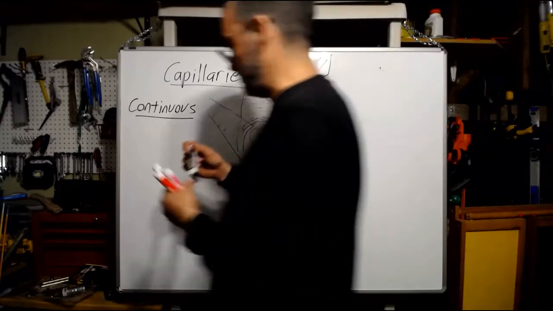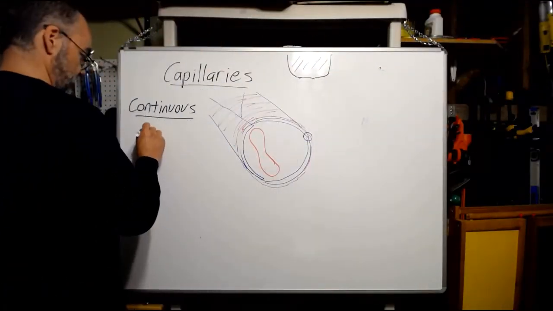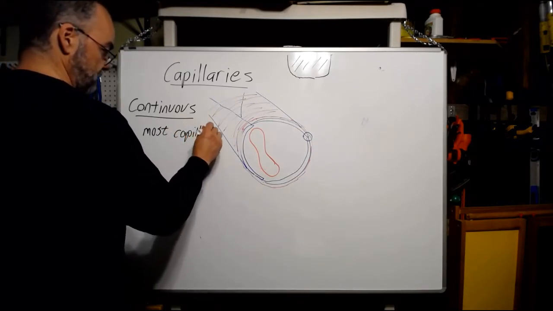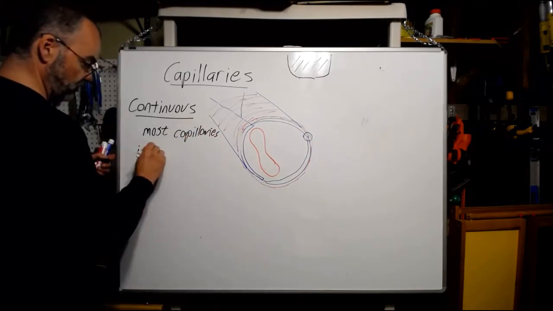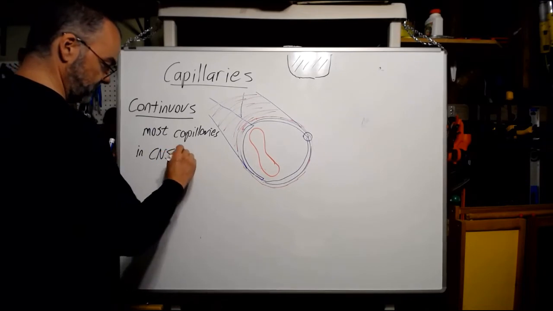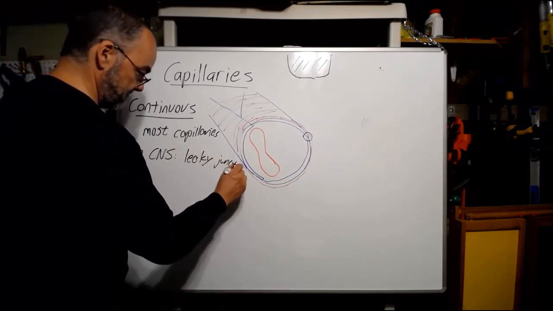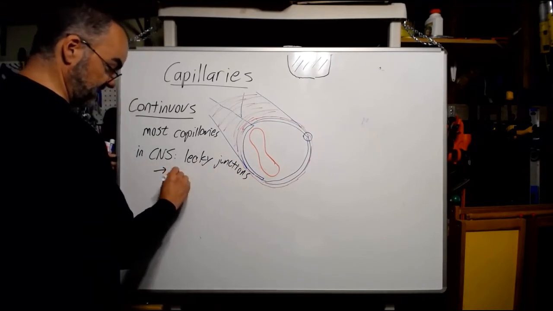There is a special case of these. So this is most of your capillaries. In the central nervous system, the leaky junctions become tight junctions.